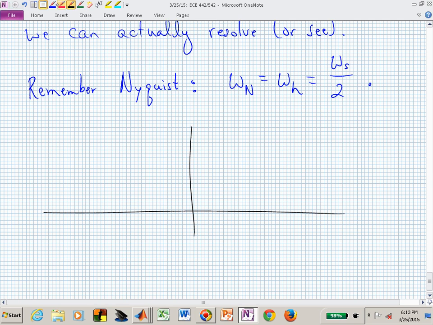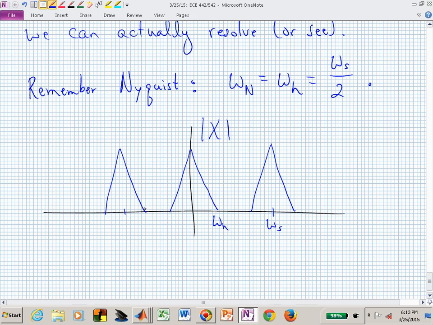Let's say that this is the magnitude of our signal that we are trying to sample, and let's say this is the highest frequency that we have. Well, once we sample this analog waveform, that just produces copies.